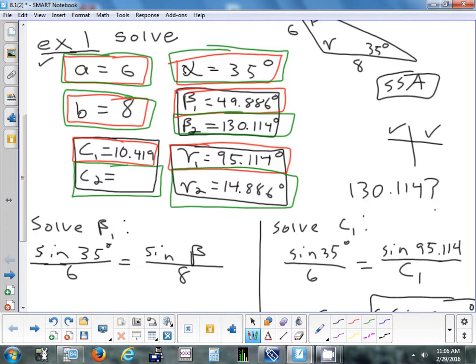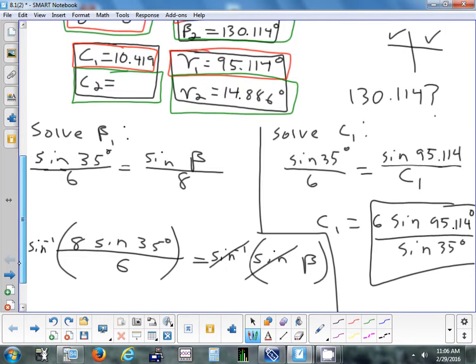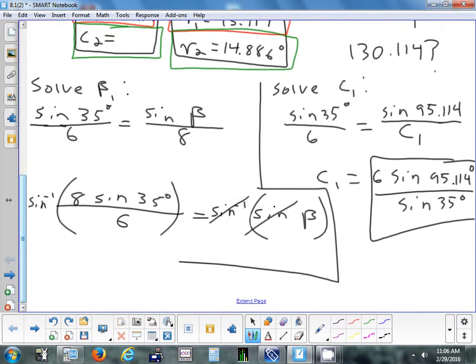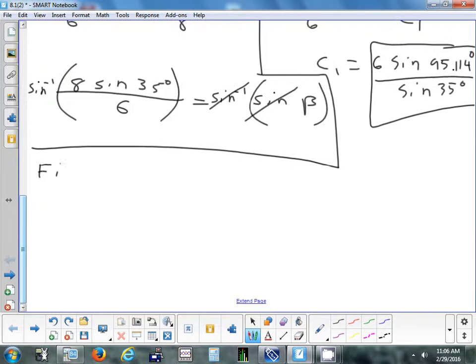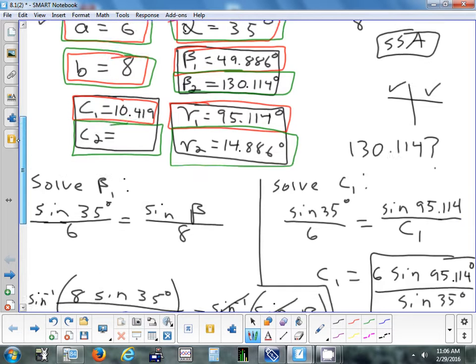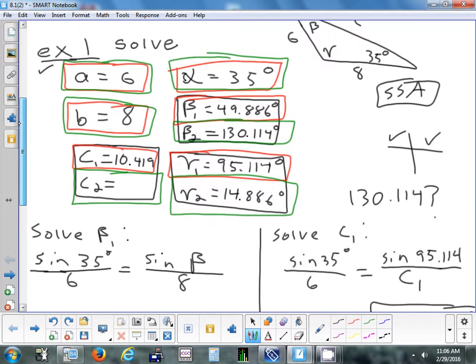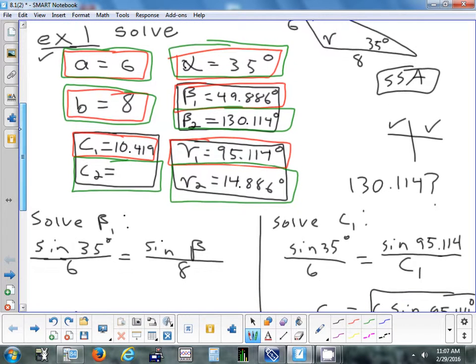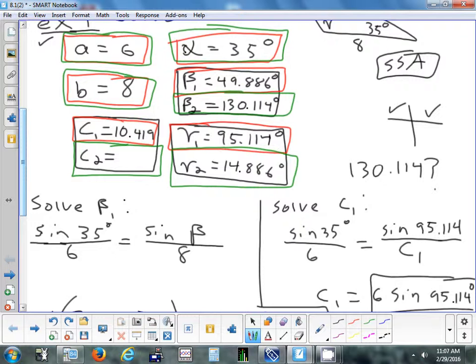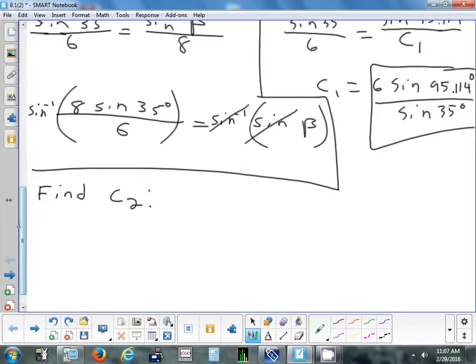Okay, and now we're going to do it one more time to find C2. Let's find C2. Exactly the same as 95.114, 14.886. Yeah, it's going to be the same thing. Just replace the 95.114 with 14.886. So if we see it's the same, why don't we just go right to the final answer?